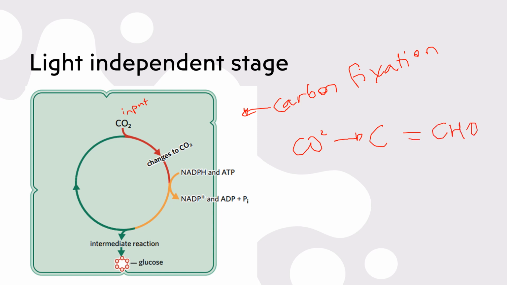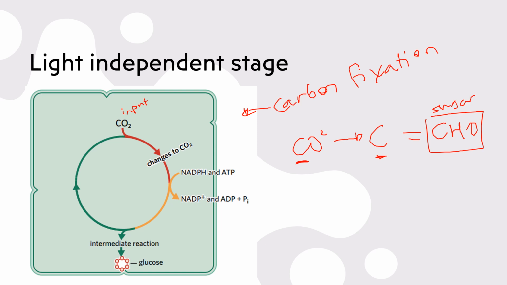So the carbon that's inside of carbon dioxide cannot be used in this organic material. So what it has to do is undergo a fixation process, which we'll learn the details of later, to turn itself into an organic carbon that can be used to create this glucose molecule. That's really, really important for the plant.